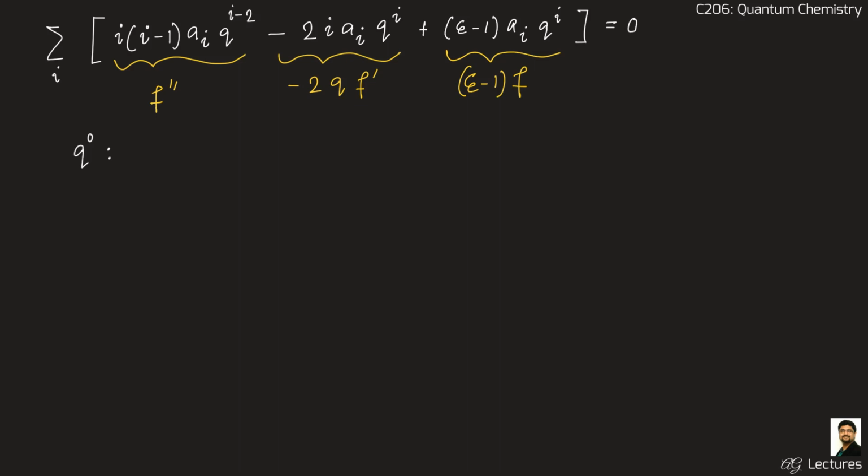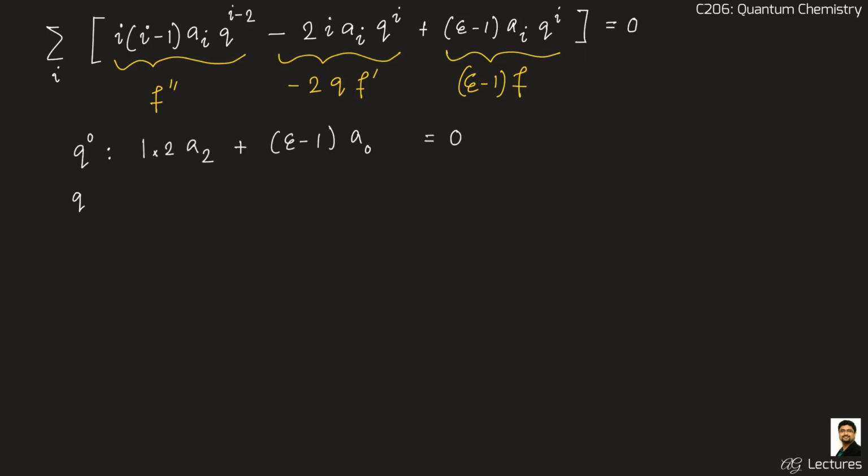Those two parts are 1 multiplied by 2 a2 plus epsilon minus 1 a0, and that is equal to 0, because each and every power's corresponding coefficient should be 0.